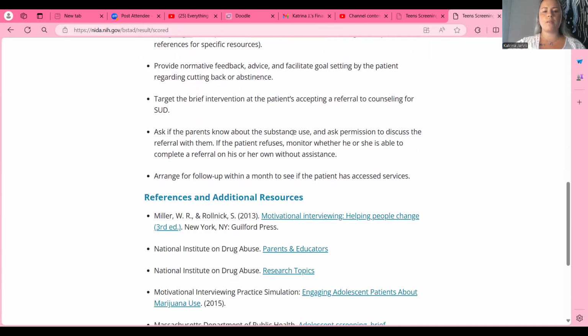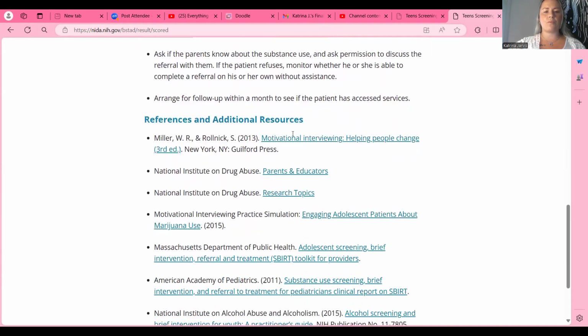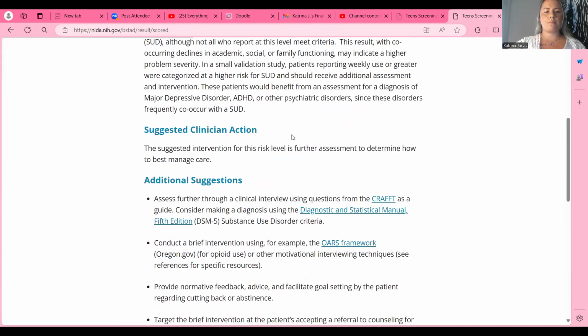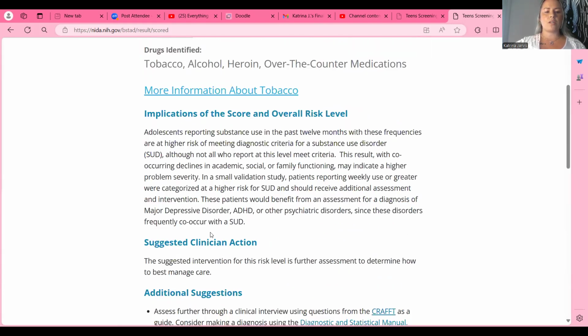It gives us all these nice references and resources, and suggested clinical action. So how to best manage care going forward with this individual.